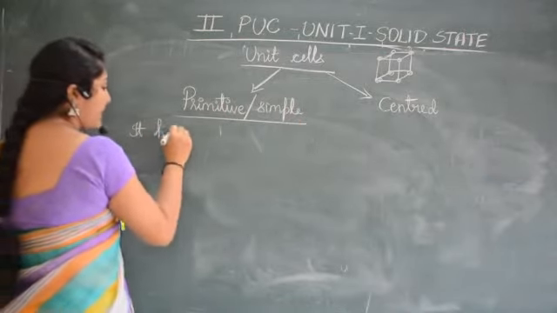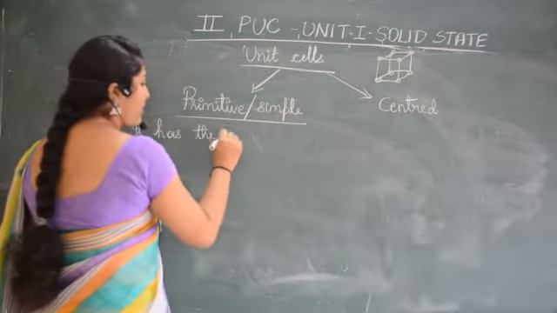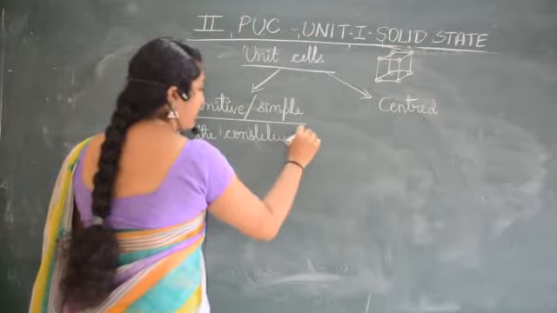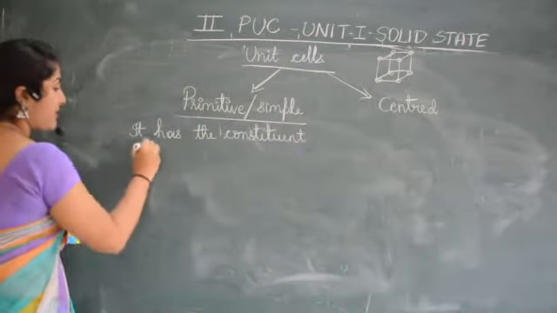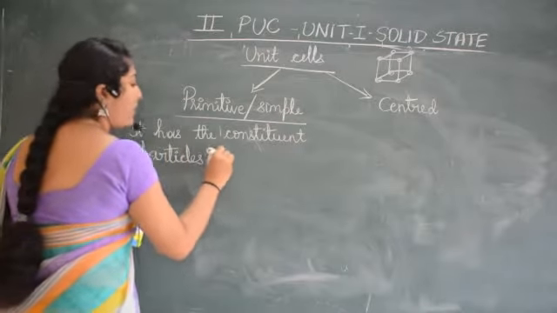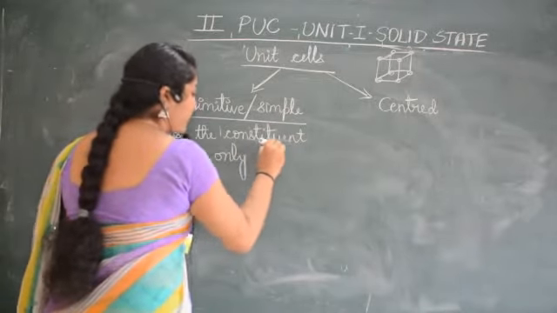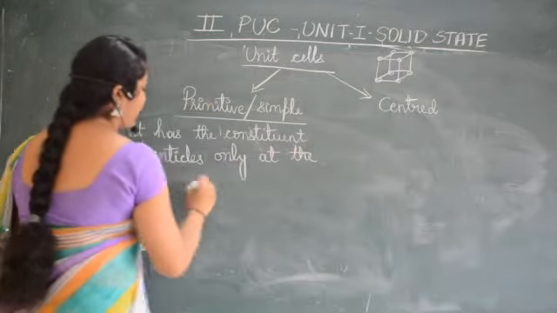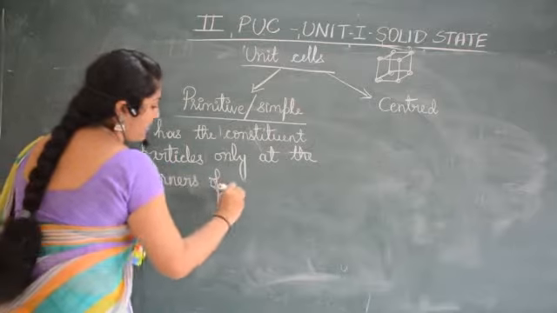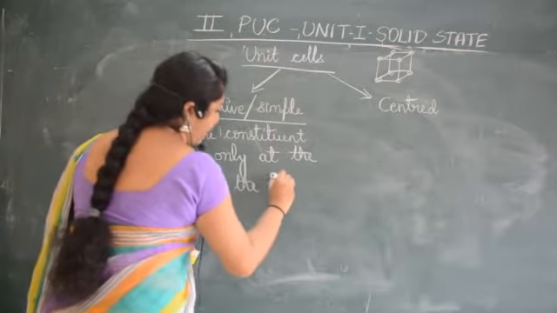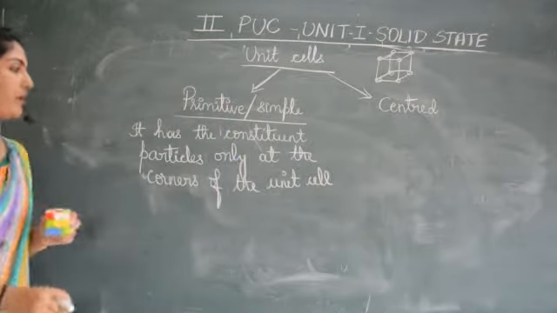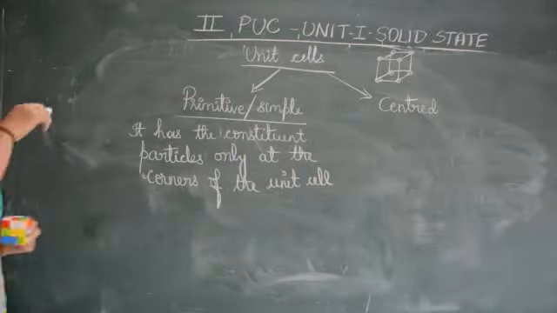It has the constituent particles only at the corners of the unit cell. If it is so, we call it simple unit cell or primitive unit cell.